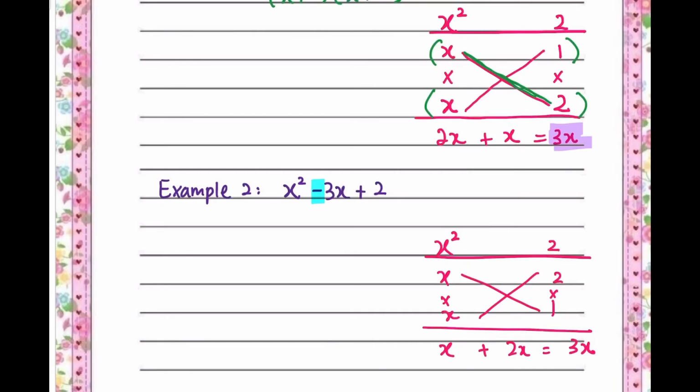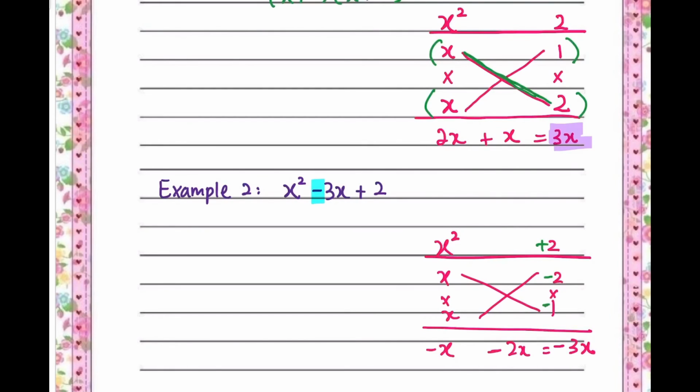Now here you need to think: 2 times 1 is 2, but even if I use negative 2 times negative 1, it will still be positive 2. So I can try using this way, and let's see what happens then. Negative 1 times x is negative x, and negative 2 times x is also negative 2x, and when I add them together, they become negative 3x.